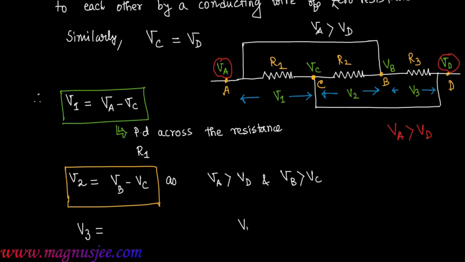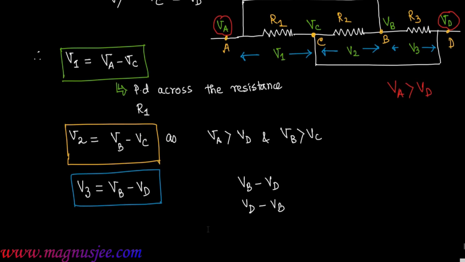Similarly, V3, the potential difference across the resistance R3, will be what? Which one is correct, VB minus VD or VD minus VB? V3 will be equal to VB minus VD, because the potential at B is greater than the potential at D.